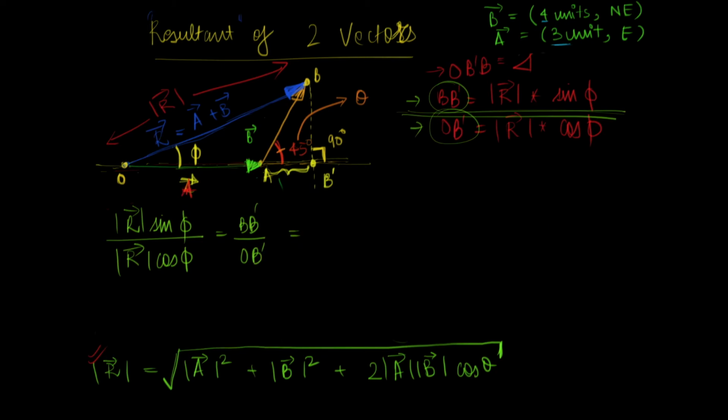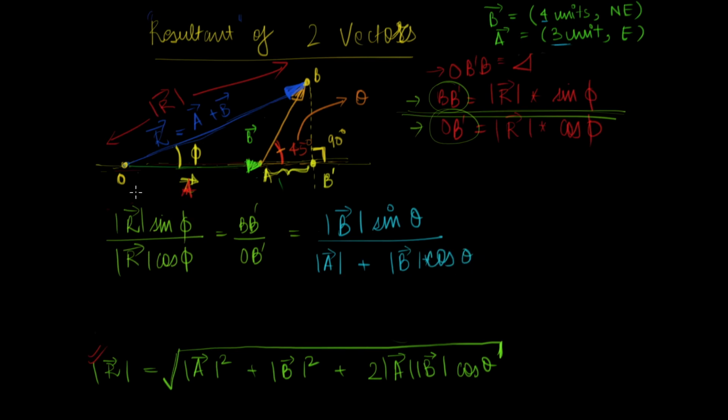Writing that again, we can work out what BB' is, as we have already done previously, where BB' was the magnitude of b vector times sine of theta divided by this entire length, OB', which is a vector's magnitude, added to b vector's magnitude multiplied by cosine of theta.